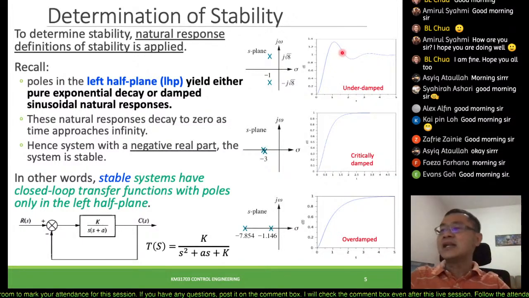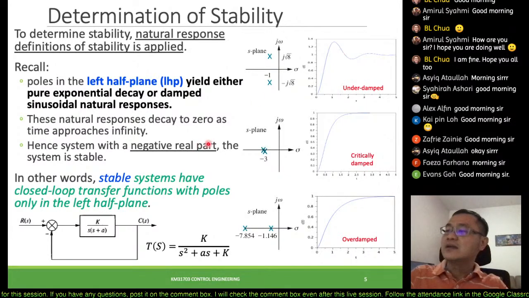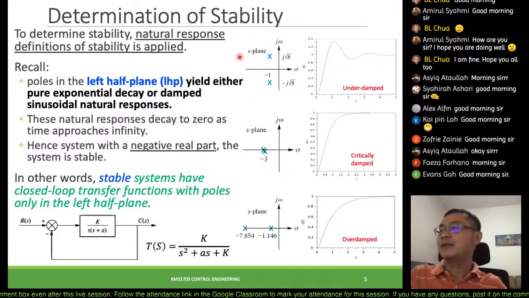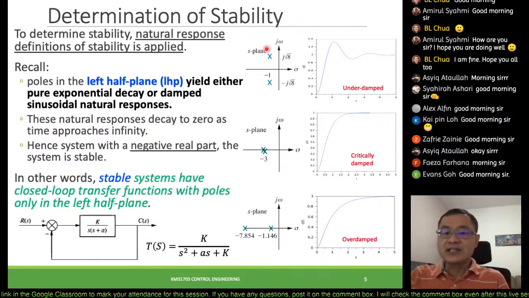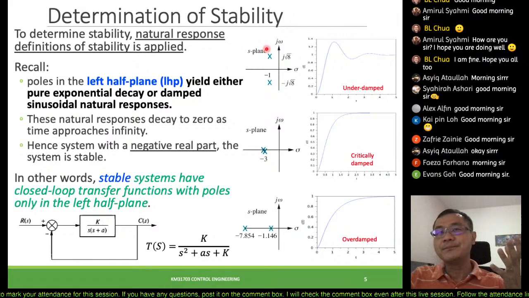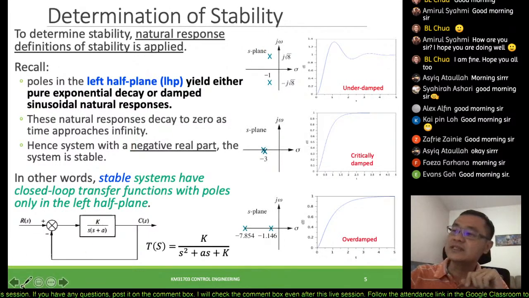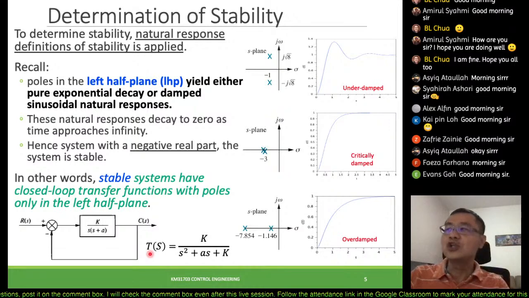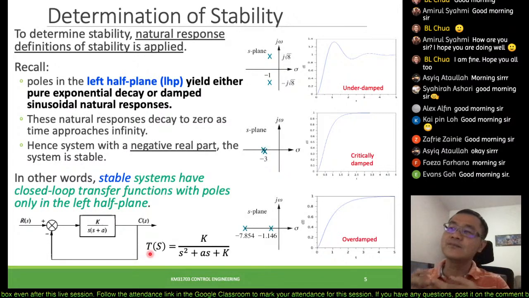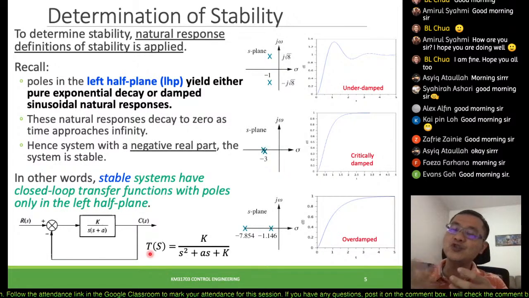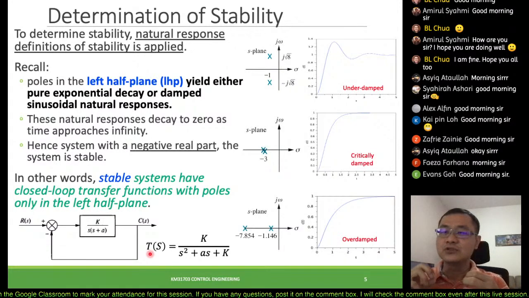In other words, we say that a stable system will have a closed loop transfer function with poles only on the left half plane. Again, in this discussion we will start to focus more on this type of closed loop system, because by using a closed loop system we can eventually tune our system to meet a certain performance that we want.